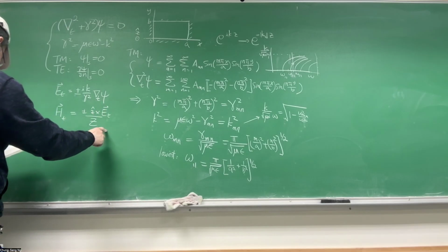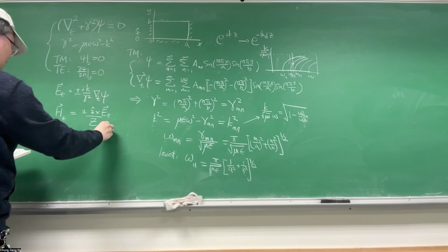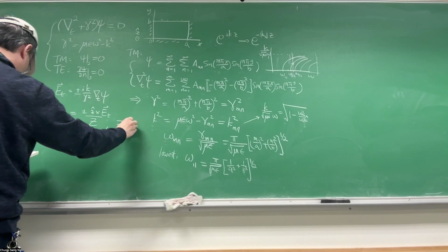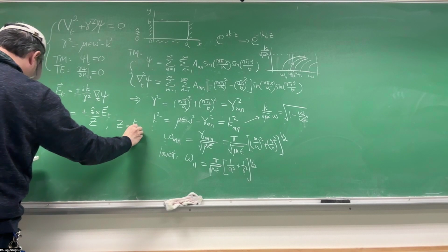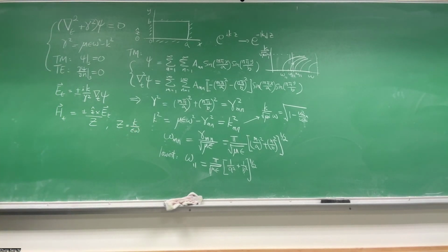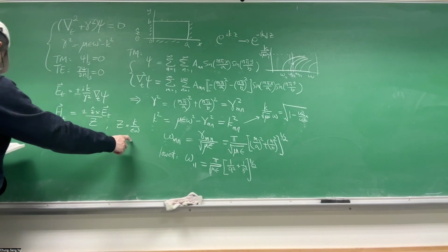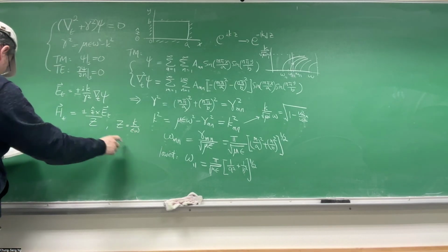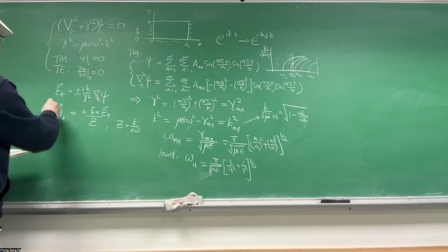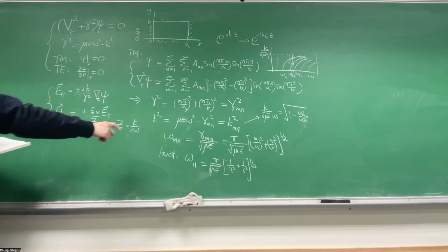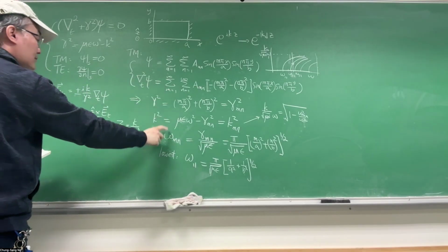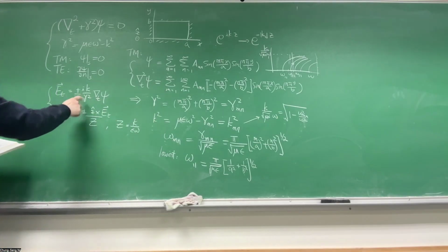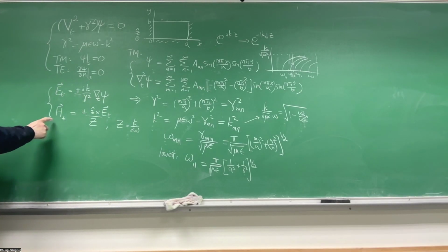The Z function depends on whether it's TM or TE. For TM, Z is K over epsilon omega. For TE it's the other way around, it's mu omega over K. But anyway, using this, once you have that solution and the eigenvalue gamma square and K square, then you can find the transverse component by taking the derivative and then by this cross product.